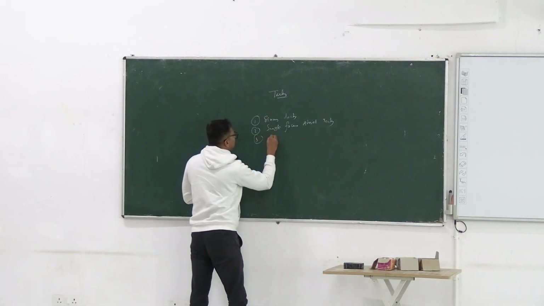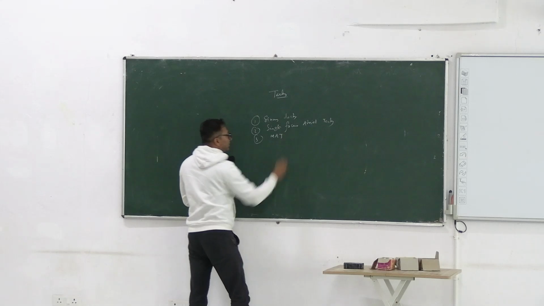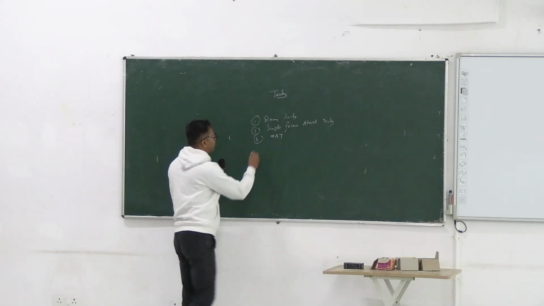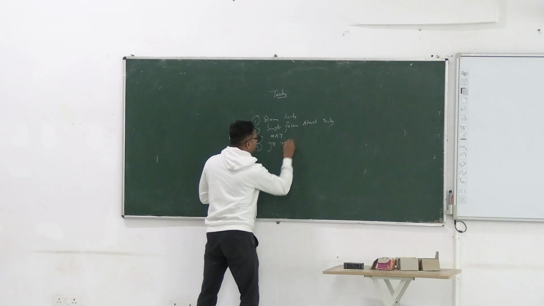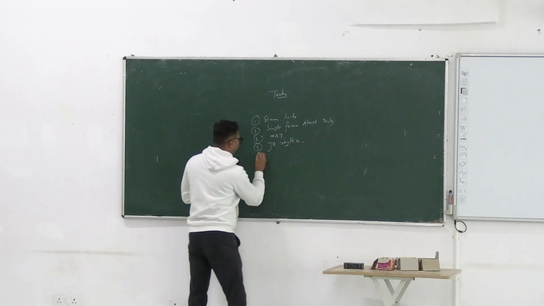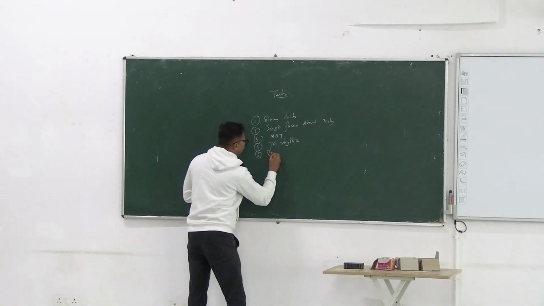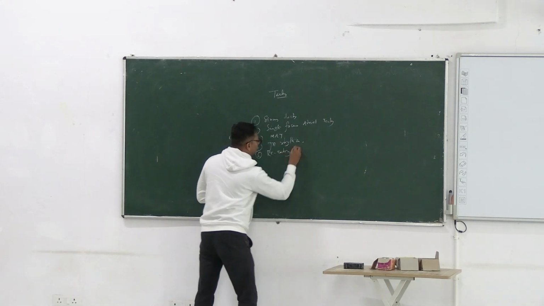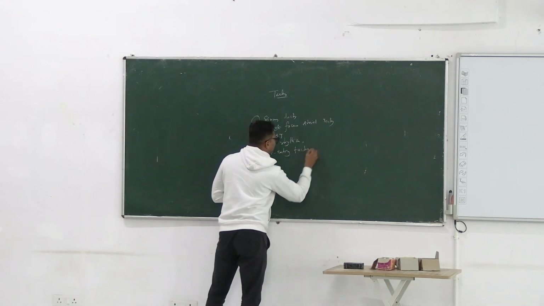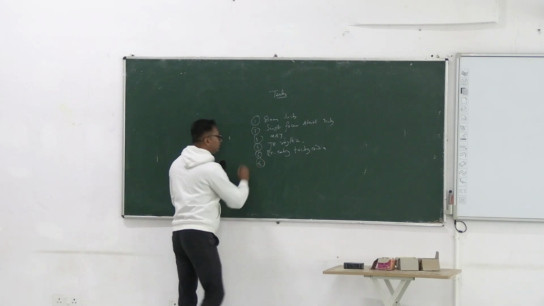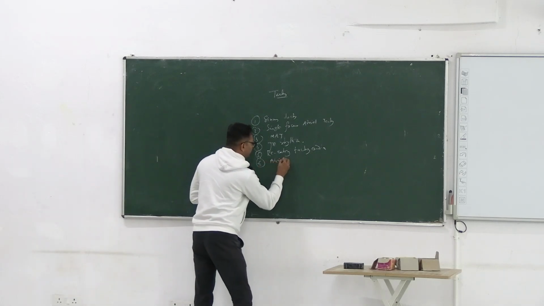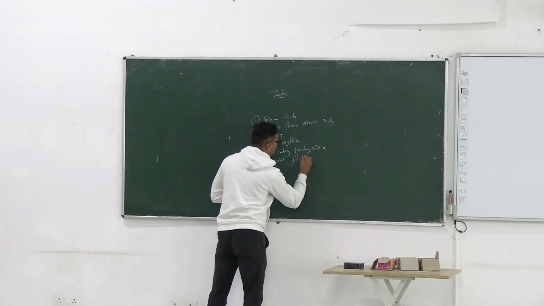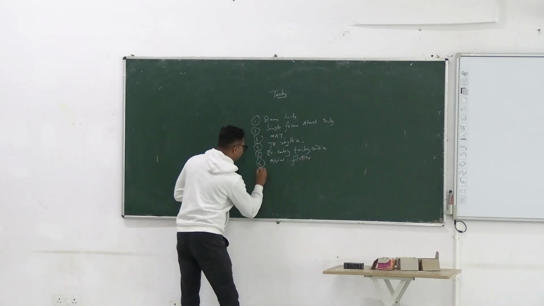Three, multifocal atrial tachycardia or MAT. Four, junctional rhythm. Five, re-entry tachycardia. Six, atrial flutter and atrial fibrillation.